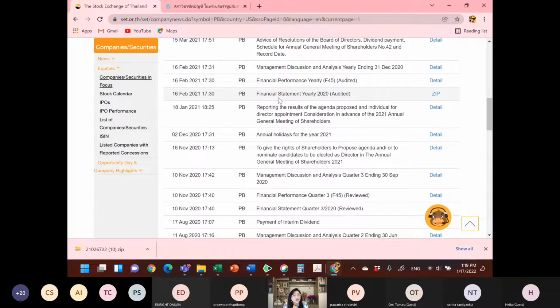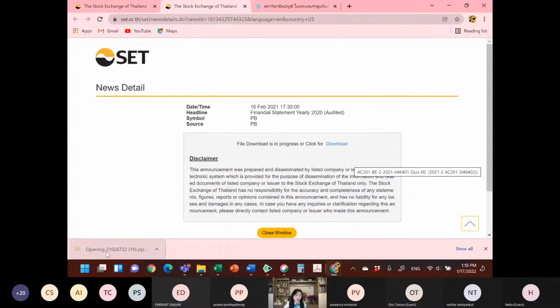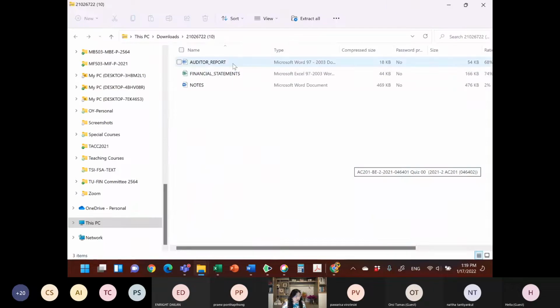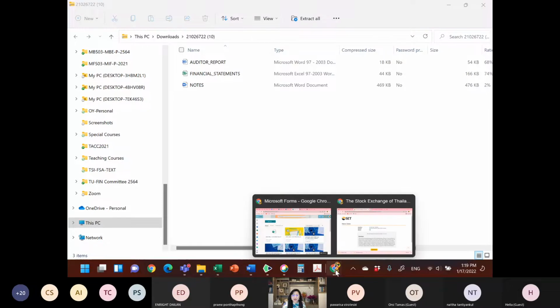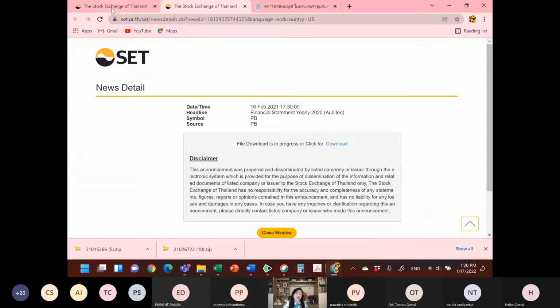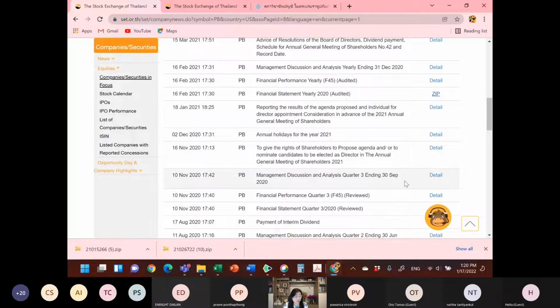On the 16th of Feb 2021, the company reported its audited financial statements for the year 2020 to the stock exchange. If you want a copy, you can download this, and you get the auditor's report, the financial statements, and the notes. So you can just save the file, real quick, real easy. This is available to the public. This is public information.